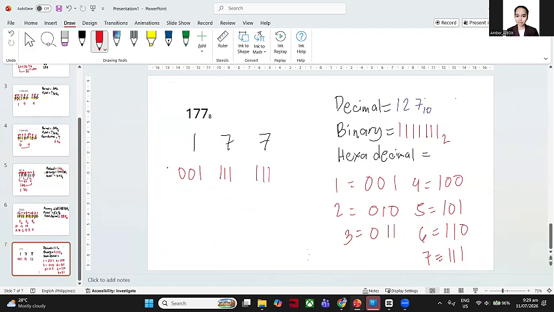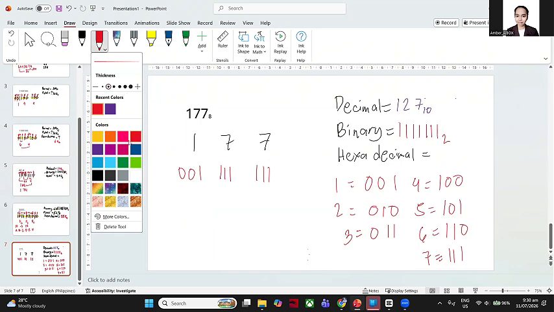Okay. Now we have our decimal. Let's see how we find the hexadecimal. Right now, we are going to group them into 4. Let's make it orange.